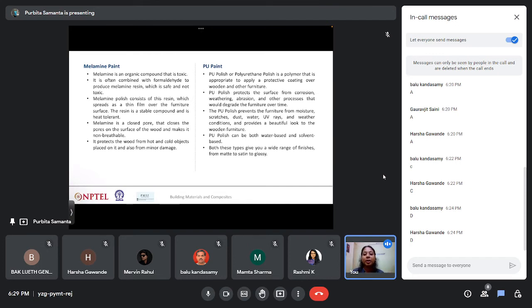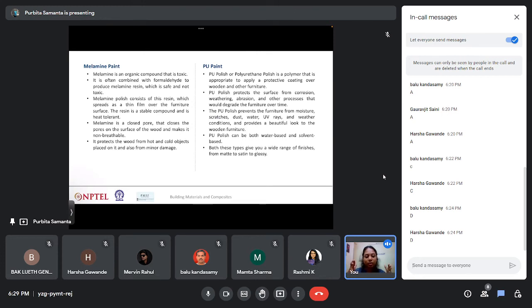This melamine polish can be used over furniture surfaces. This resin is a very stable compound, and it is heat tolerant. So melamine is basically used to close the pores on wooden surfaces, and it makes the wood non-breathable, so that it can stay in that form for a longer time.